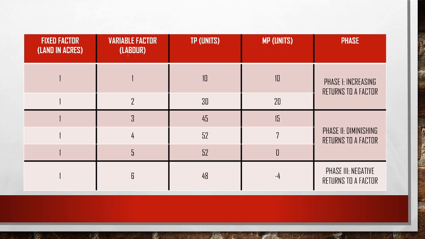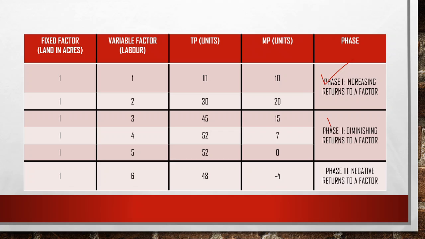With that TP, at first, increases at an increasing rate. This is the phase of increasing return to a factor. Here MP increases from 10 to 20, and TP increases at an increasing rate from 10 to 30.